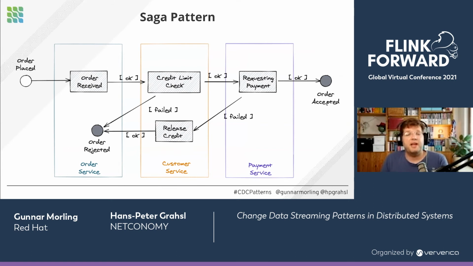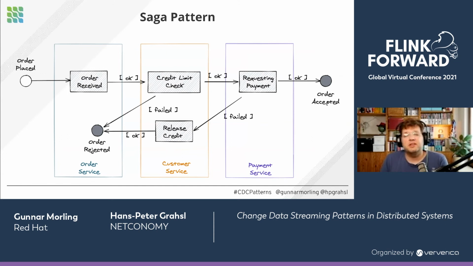So now we are on the payment step and that one fails. So now at this point in time, we need to do what's called a compensating transaction in this customer service, which essentially undoes what has happened in the customer service before. So it reverts what it did before by using this sort of compensating logic. And again, we would be back at the consistent end state at the end of the day.